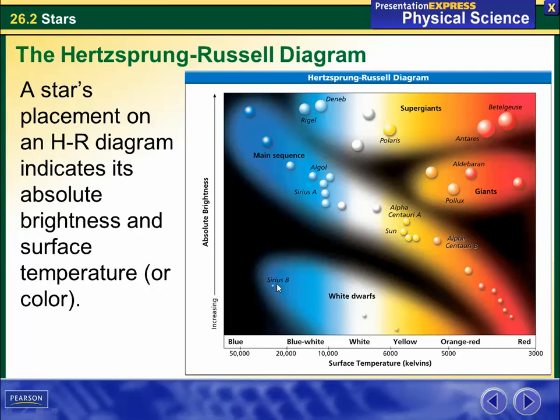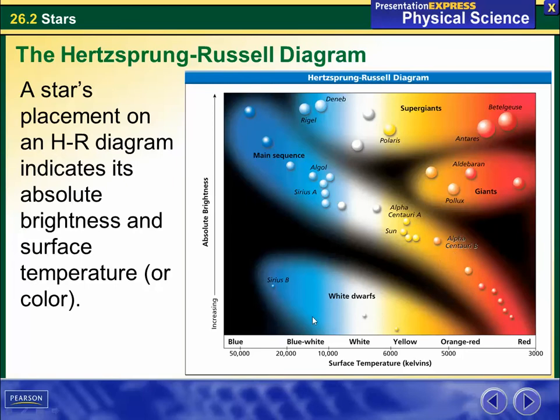So Sirius B has less absolute brightness, but then let's say Betelgeuse is much brighter. We can see it. However, Betelgeuse is much cooler because it is in the red temperature range there. So you kind of have to look at two different factors there.